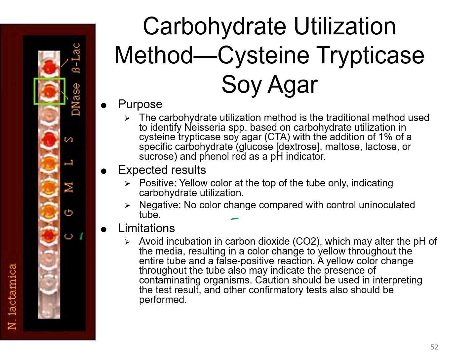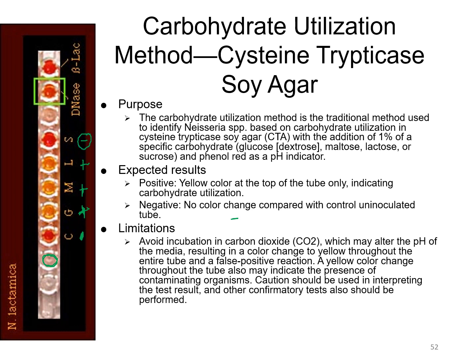C is the control. Here you have your glucose. It turned yellow, so this would be considered positive. Your maltose is yellow, positive. Lactose is positive, and your sucrose is negative.